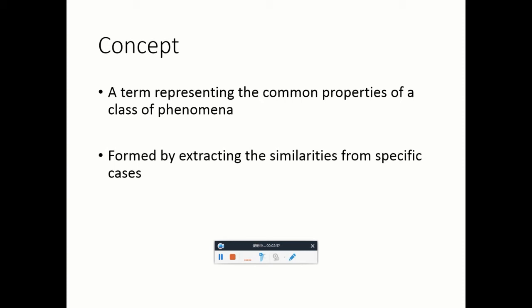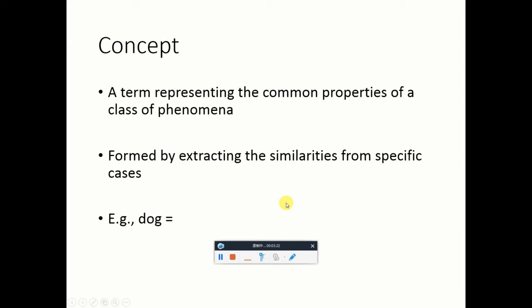And we do that by looking at the commonalities or similarities that we take from specific cases of the phenomena that we care about. All right, so that sounds pretty abstract, and we can look at some more concrete examples.